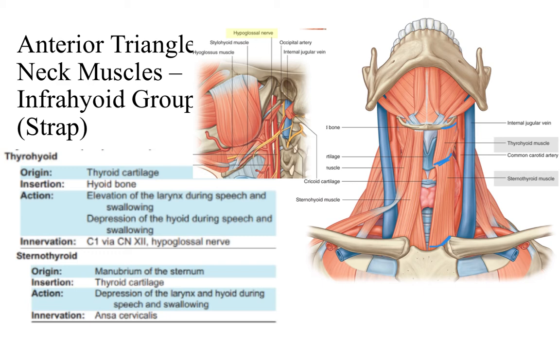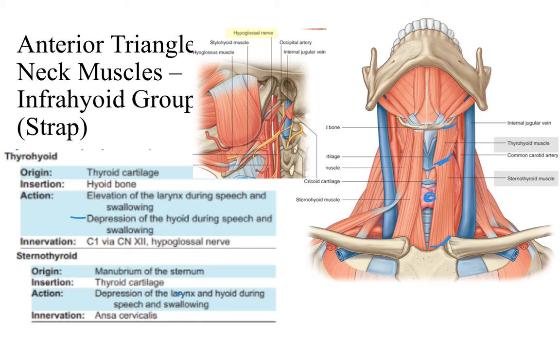Now keep in mind when they say thyroid, they're not going to the thyroid gland. Here's the thyroid gland right here. It's going to the thyroid cartilage, which is above the thyroid gland. They have similar functions to the last two strap muscles, which is depression of the hyoid as well as the larynx during speech and swallowing.